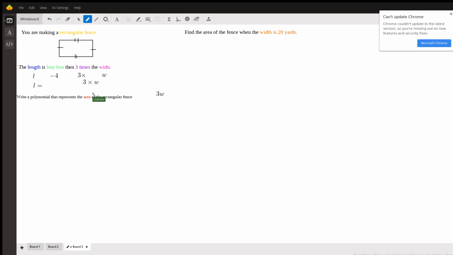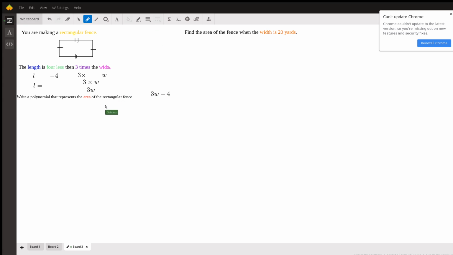It's the exact same thing. And then it is the length, so L equals 4 less than 3W. So we could rewrite that as 3W minus 4.